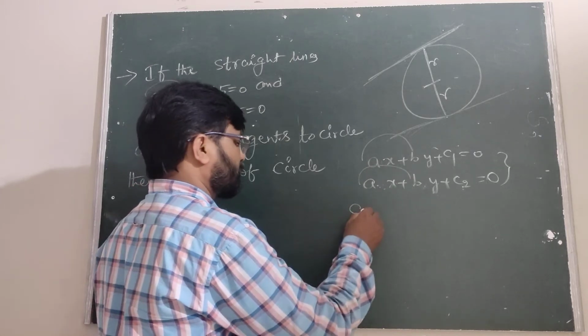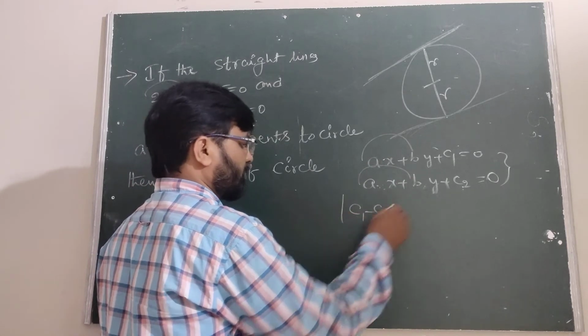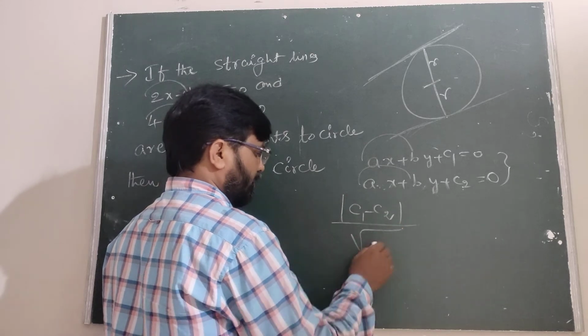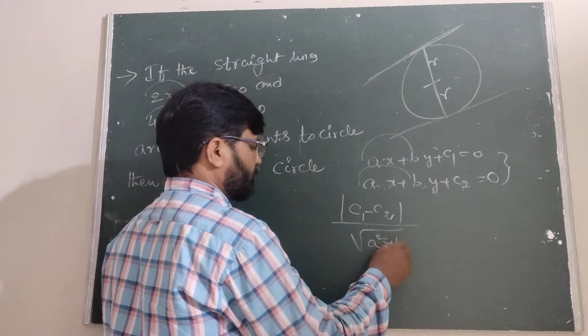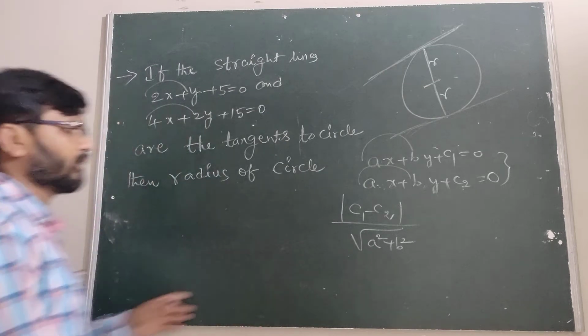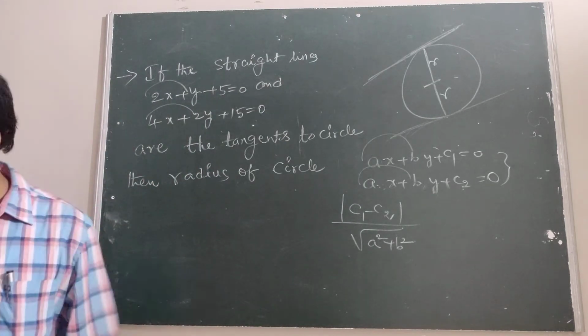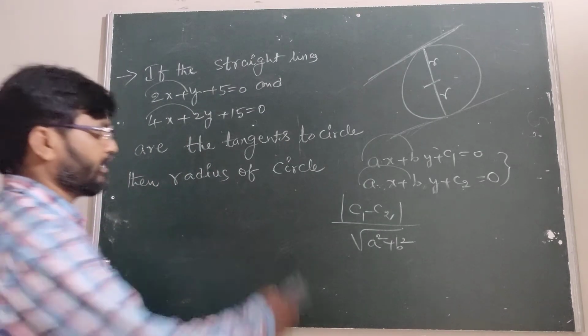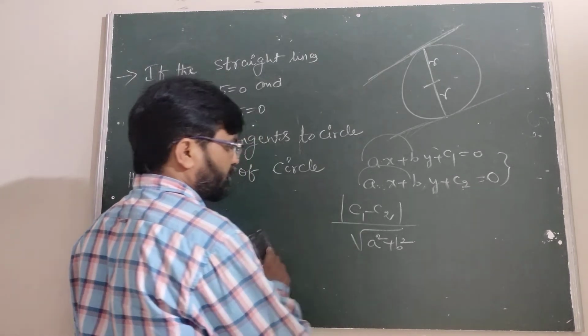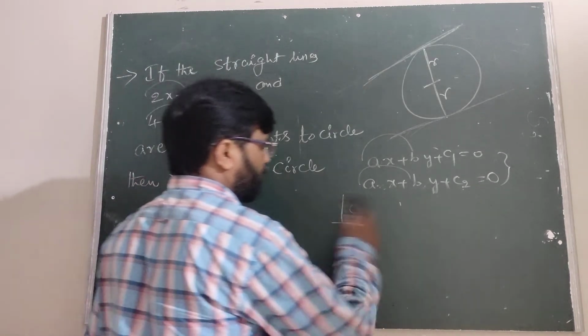The distance between them is the modulus of c1 minus c2 by root of a square plus b square.